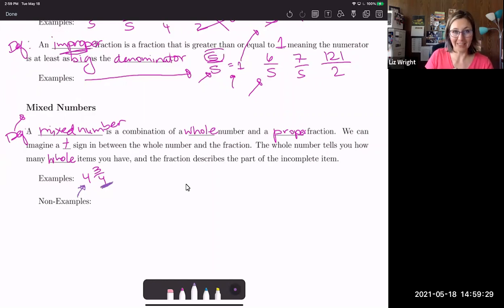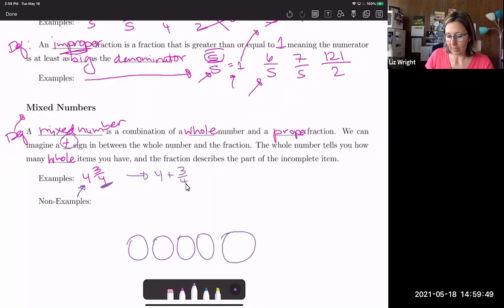So therefore it fits the definition of a mixed number. And again, think about there being a plus sign in between, so it'd be 4 plus 3/4. That would be 4 whole pies, and then another 3/4 of a pie, right?